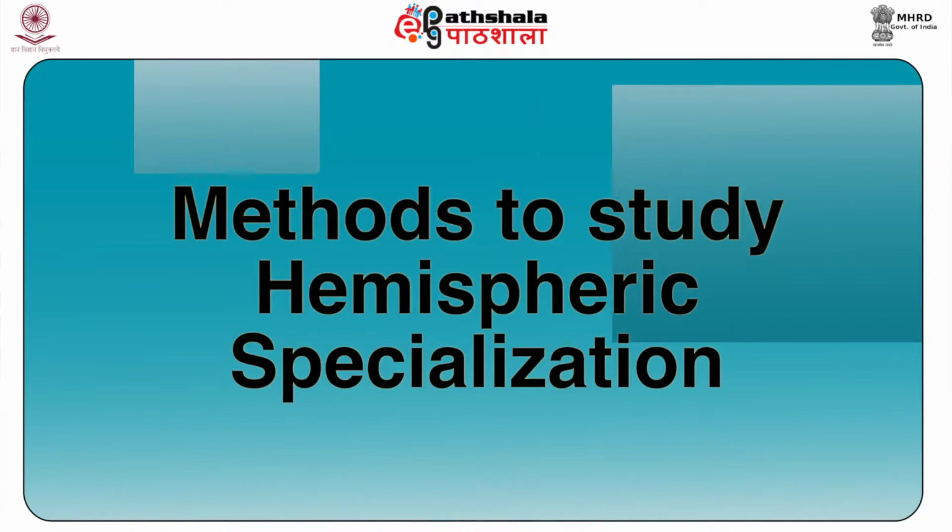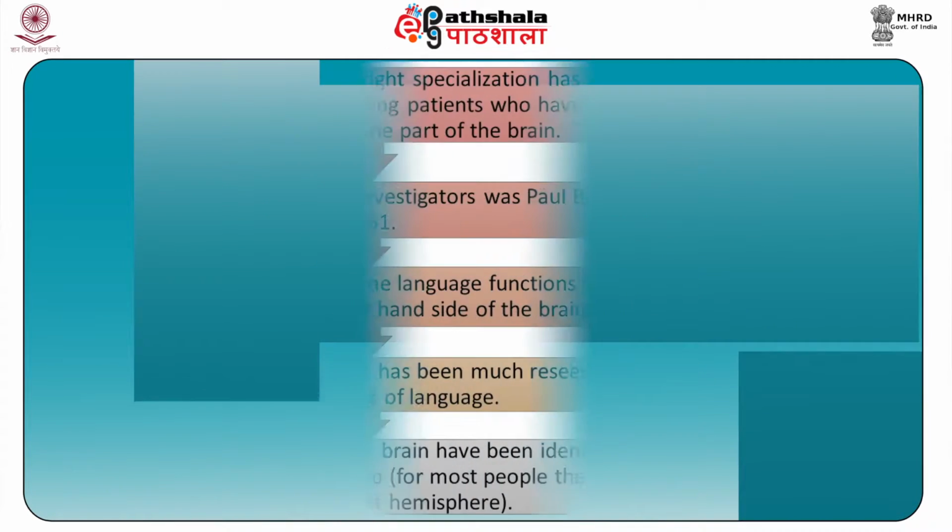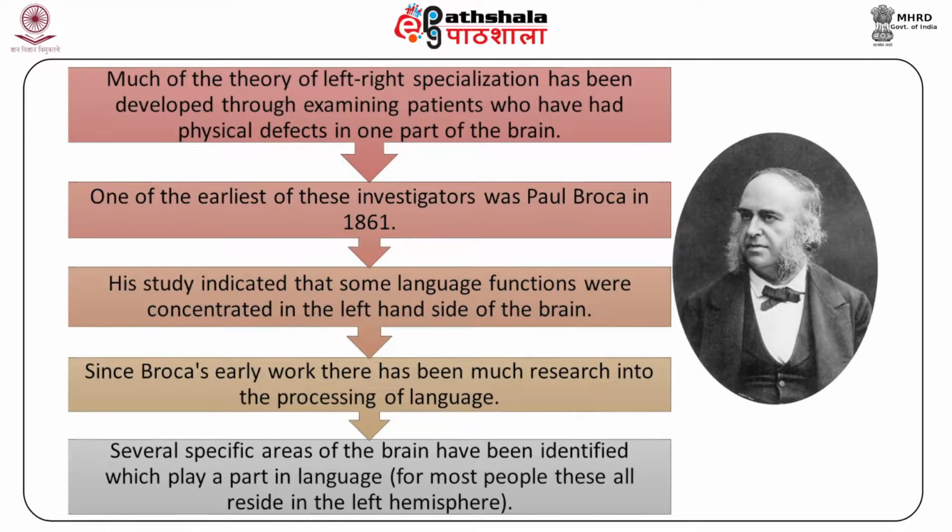Methods to study hemispheric specialization. Much of the theory of left-right specialization has been developed through examining patients who have had physical defects in one part of the brain. One of the earliest of these investigators was Paul Broca in 1861.